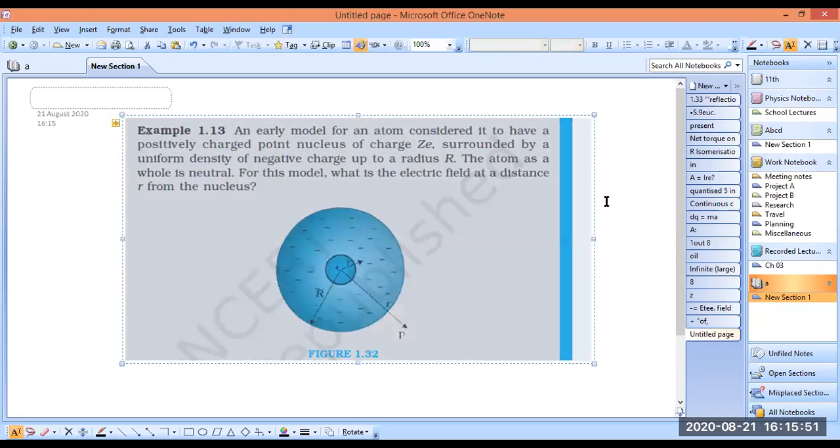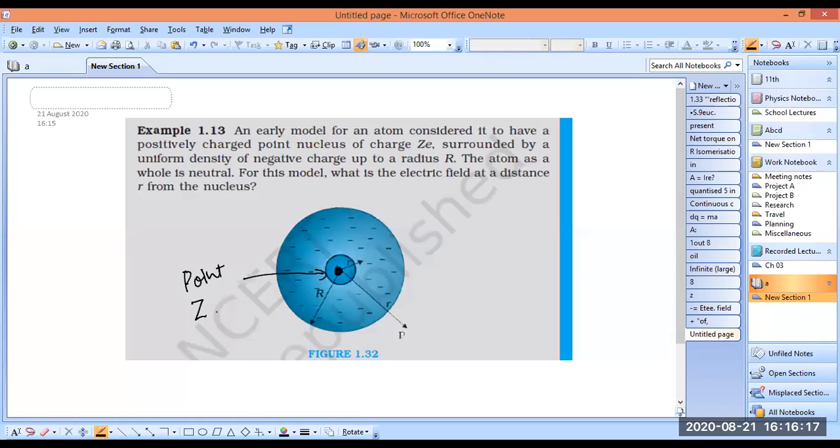Let's start. An early model of an atom considered it to have a positively charged point nucleus of charge Ze. So what is given is that at the center there is a nucleus. It's like a point charge, and its charge is plus Ze. Obviously, the nucleus is positive. Mega, write down your question in the chat. And then it is surrounded by a uniform density of negative charge.